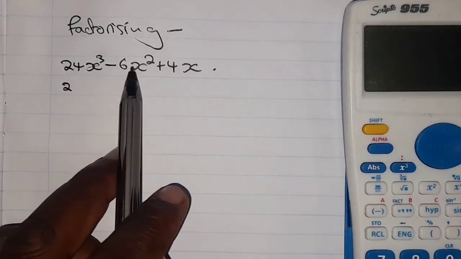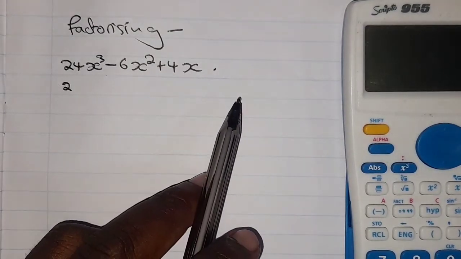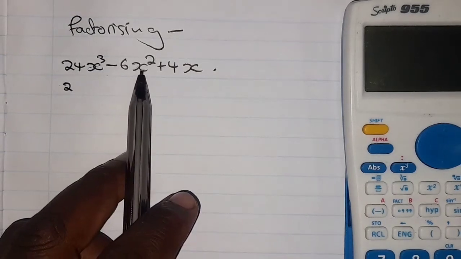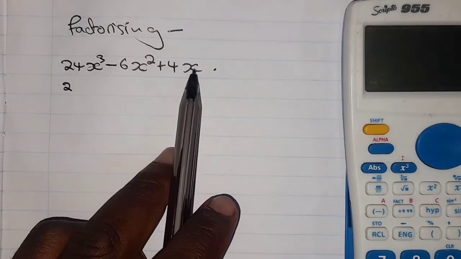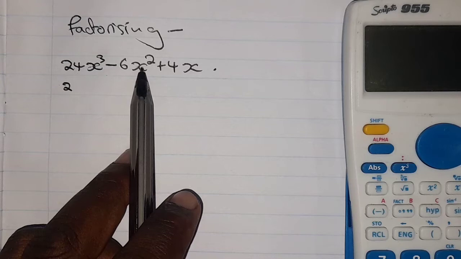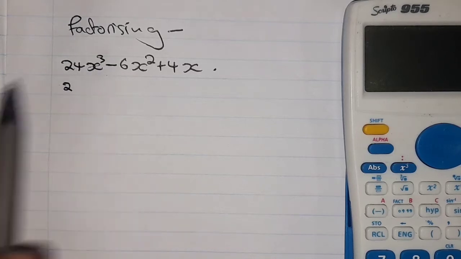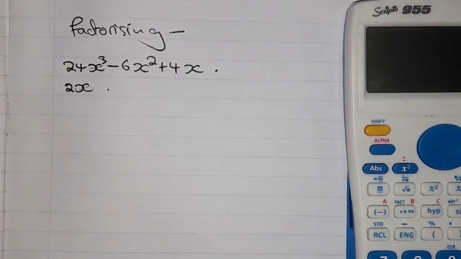We do have variables also. We have variables in all three of the terms. There is x squared, and there is x cubed. You should notice that x can get into x squared, it also can get into x cubed. So our highest common factor in this case is 2x.